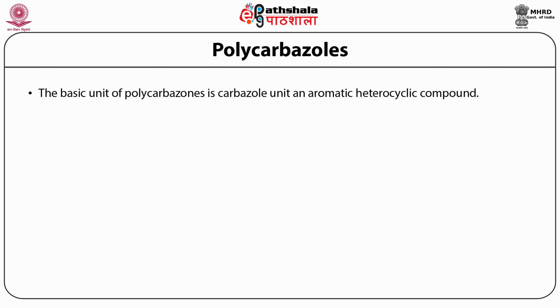The two important derivatives having carbazole units in the main backbone are poly-3,6-carbazoles and poly-2,7-carbazoles. Due to their tunable optical and electrical properties, these are potential candidates for applications in optoelectronic devices such as organic photovoltaics, organic field effect devices, and light-emitting diodes.